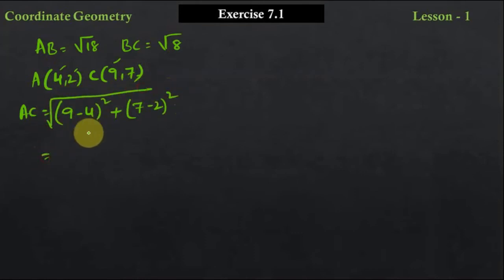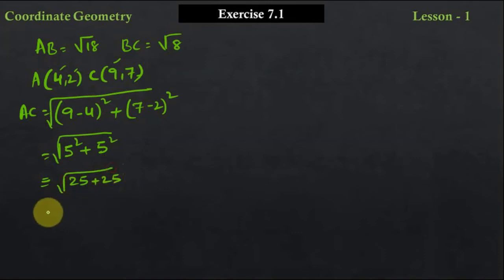Okay. So 9 minus 4 is how much? 5 square, plus similarly here also 7 minus 2 is 5 whole square. Okay. This will become how much? 25 plus 25 under root. So square root of 50.